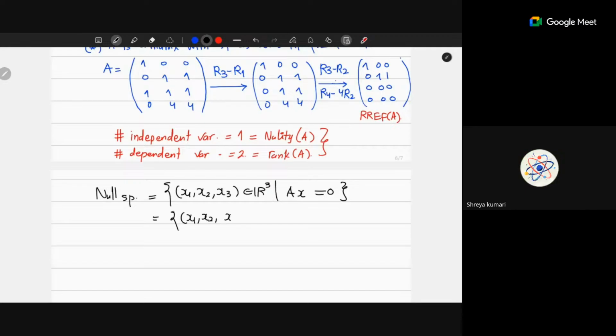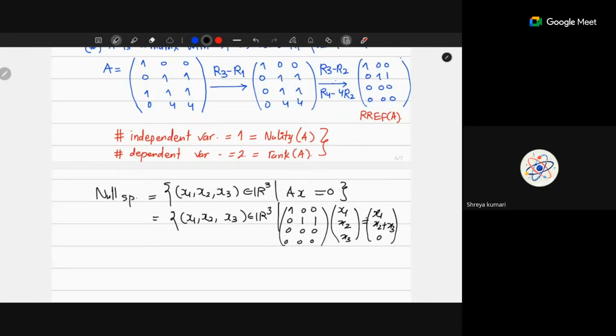You multiply the matrix with rows 1, 0, 0; 0, 1, 1; 0, 0, 0 with x1, x2, x3. So you get x1, and row 2 is 0, 1, 1, right, so you get x2 plus x3, and then 0.